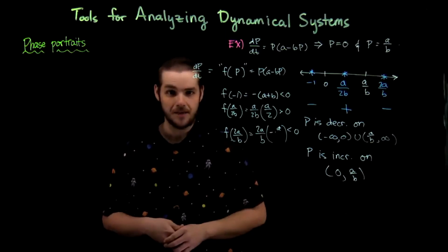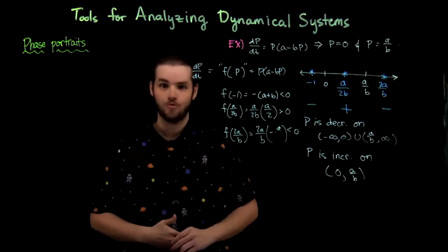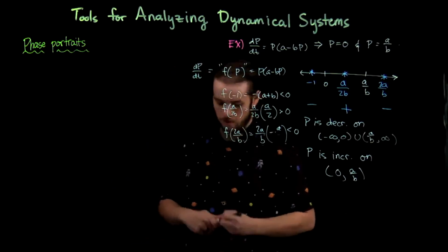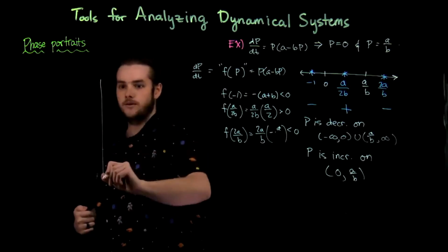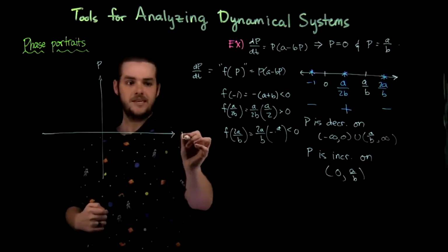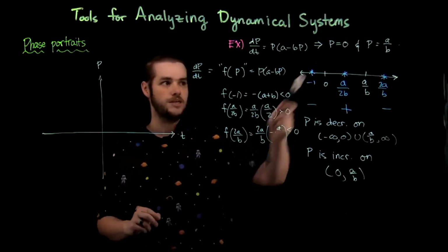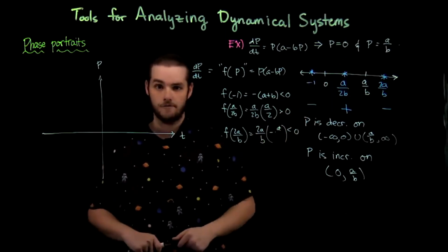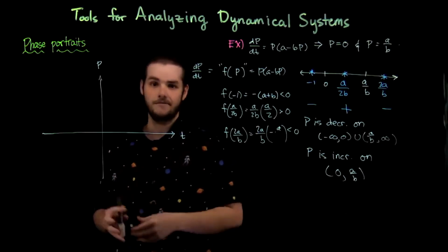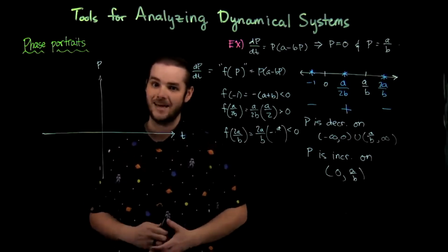Now we've got to stop pretending, though, if we're going to talk about phase portraits. P really depends on t. So let's draw the p-t plane. Now what we just talked about was that p equals 0 and p equals a over b are nullclines, meaning it's 0 there. The idea of a phase portrait is it's really just a higher dimensional, in this case two-dimensional, sign chart.